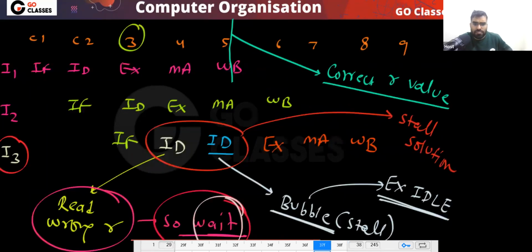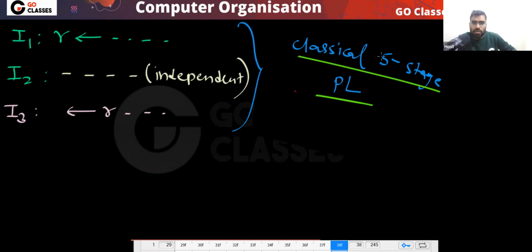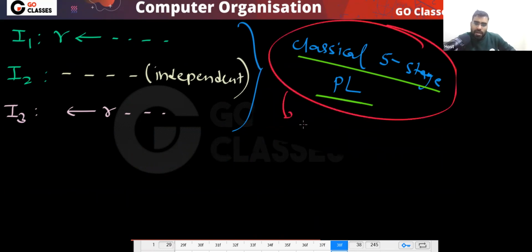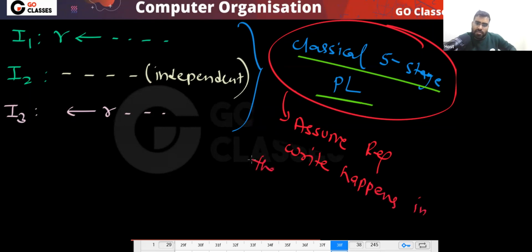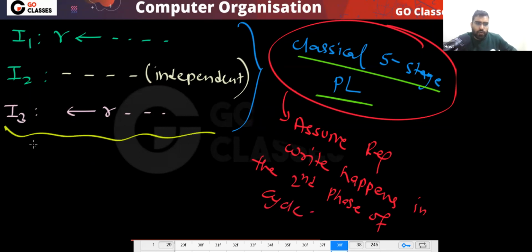For the same question, you have a classical 5-stage pipeline and assume register write happens in the second phase of the cycle. Now, for the same example, you give me the stall solution.